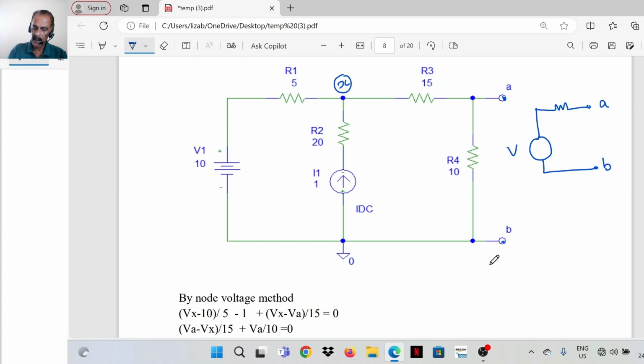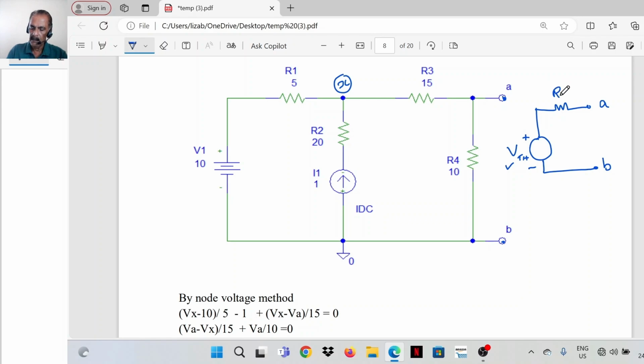So here whatever is there on the left side of A and B should be replaced with a single voltage source and a series resistance. And the magnitude of this voltage source, let us call it V Thevenin, is the open circuit voltage between terminals A and B. That means if we measure the voltage across A and B with a voltmeter, whatever voltage you are getting is the magnitude of this VTH.